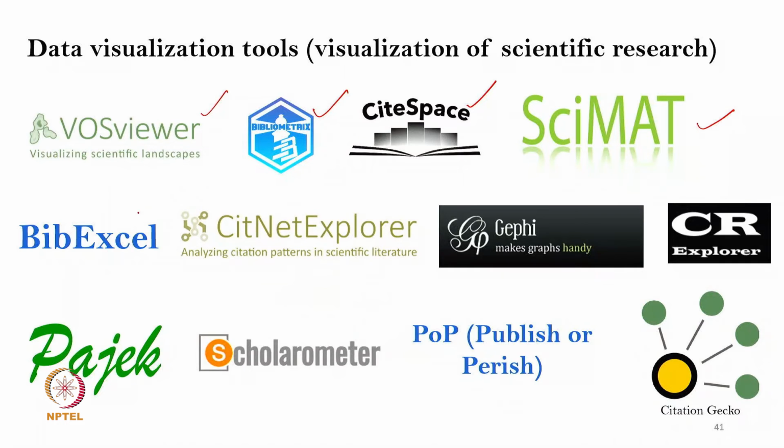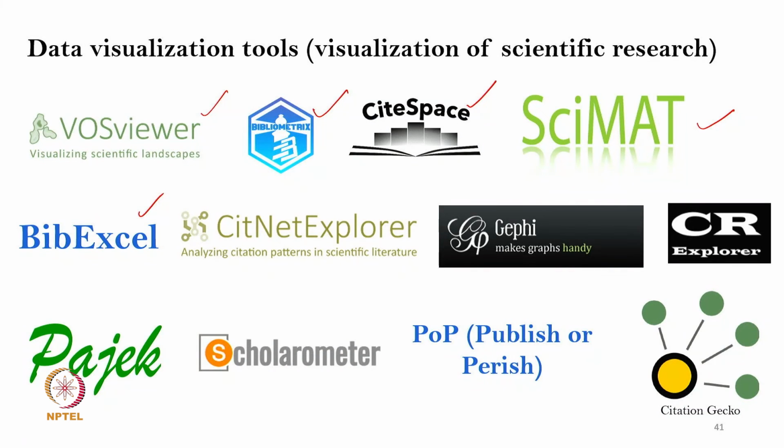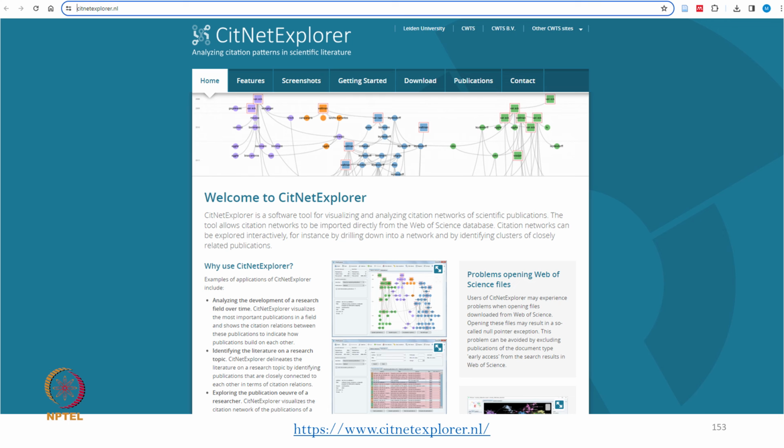Another one is called BibExcel. It is especially used for analyzing bibliometric data, including citation patterns and co-citation networks. It can be used to identify key authors and influential publications, as well as thematic clusters within a given field. Another is CiteNet Explorer, for analyzing citation patterns in the scientific literature. It is a visual software tool for visualizing and analyzing citation networks of scientific publications.